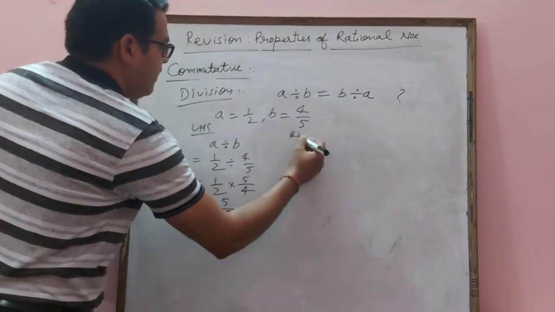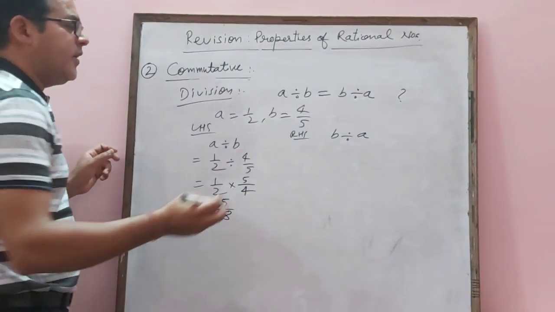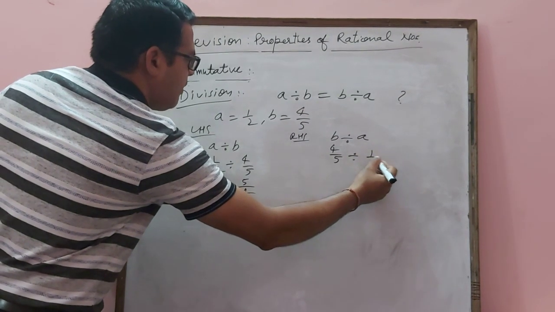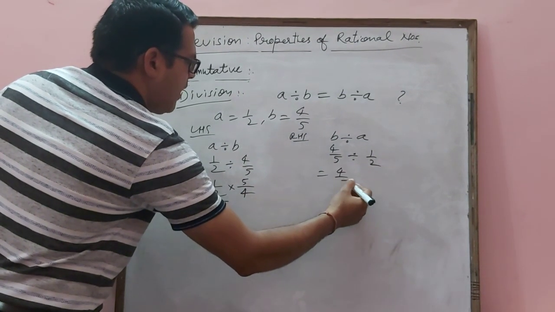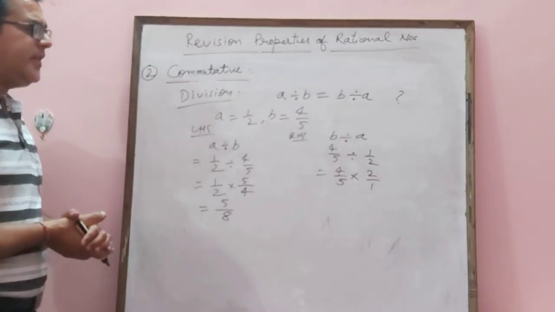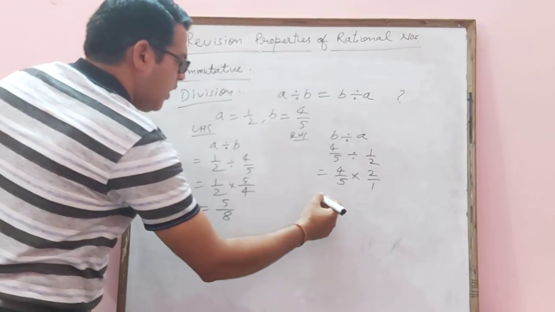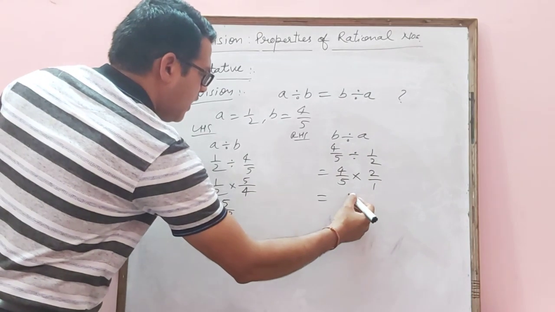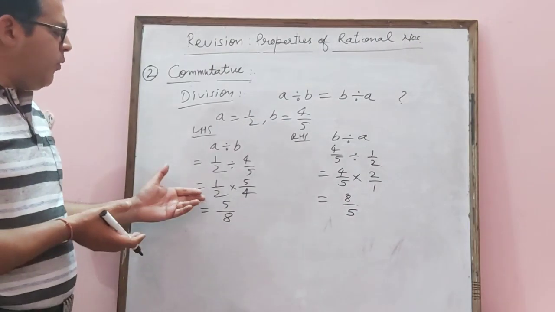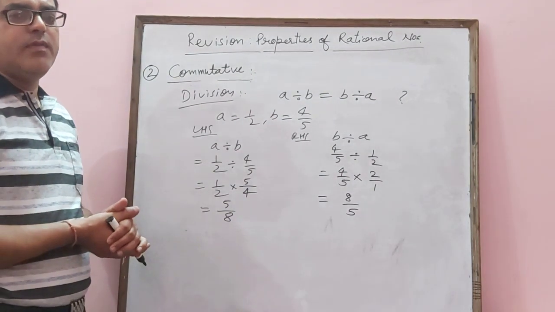Now the right hand side. Now we are dividing b by a. b is 4 by 5 and a is 1 by 2. So 4 by 5 multiplied by the reciprocal of the divisor, that is 2 by 1. So what we have here is 4 2s are 8, so 8 by 5. Now you can see here we are getting 5 by 8 and here we are getting 8 by 5.